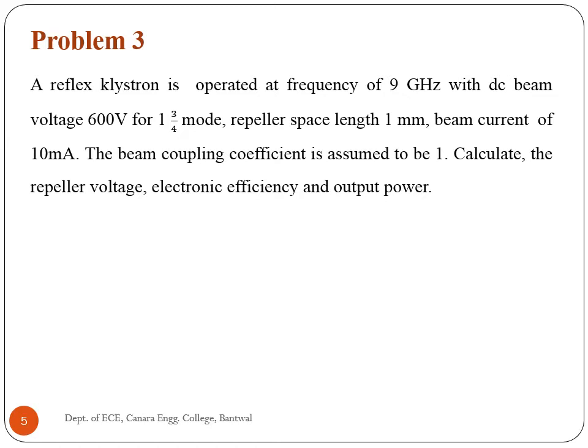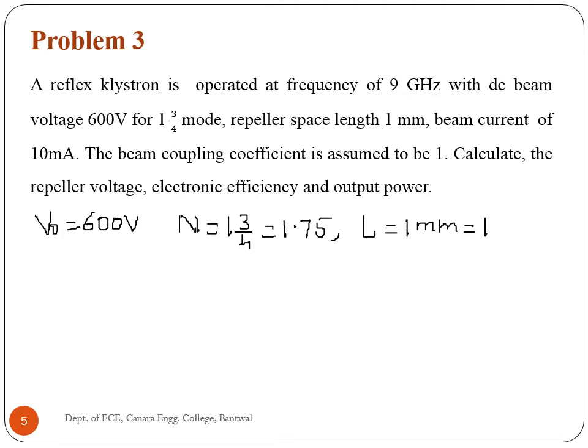Given parameters, beam voltage V naught is 600 volts, mode N is equal to 1 into 3 by 4, which is equal to 1.75. Repeller space 1 millimeter in meter is 1 into 10 to the power minus 3 meter. Beam current is equal to 10 milliamperes. Frequency 9 gigahertz.